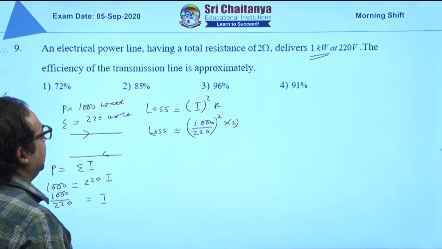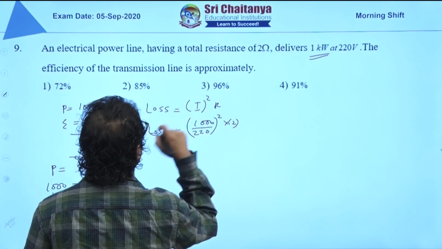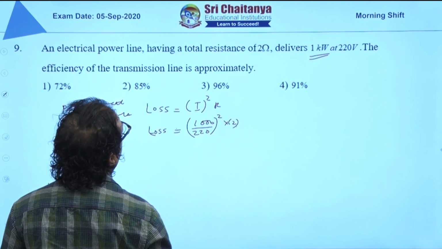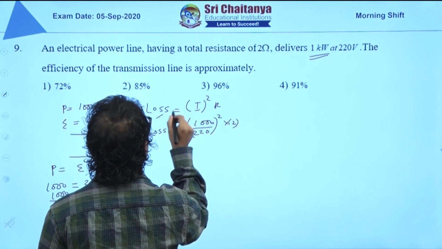Now the question is what is the efficiency? This is the power loss. Loss means the unit is power only.